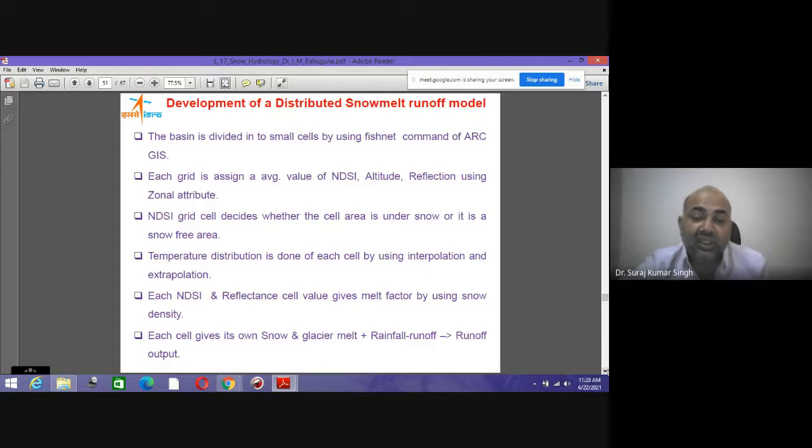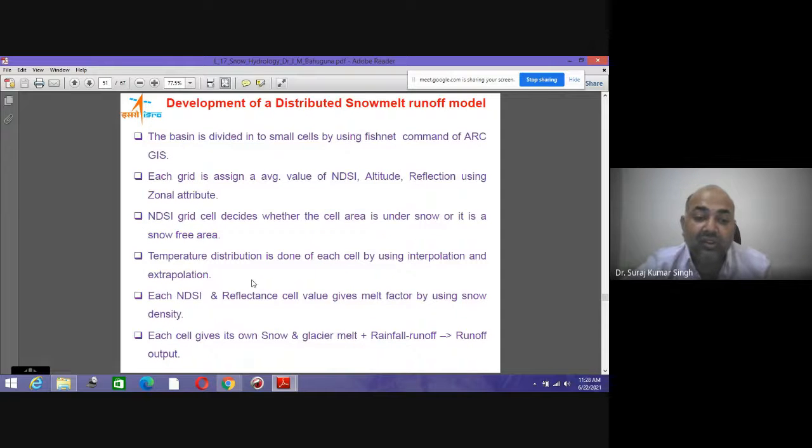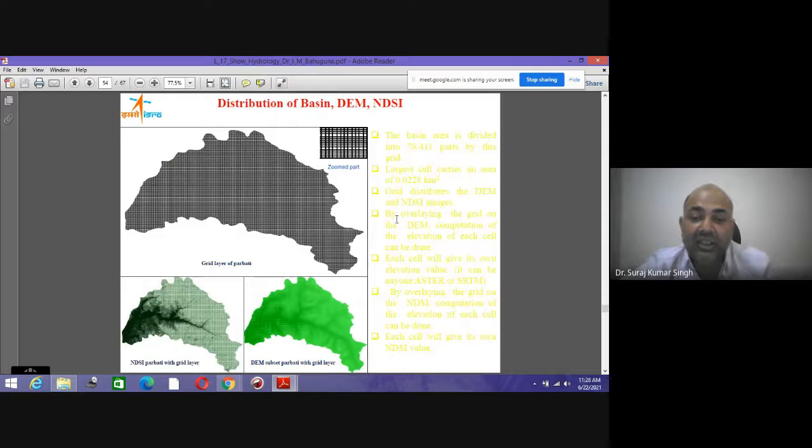All such data sets will be taken into consideration to calculate the temperature, precipitation, melt factor, and elevations. All such parameters will be calculated from this formula, and finally we'll be generating the grid layers of the Parvati Basin.